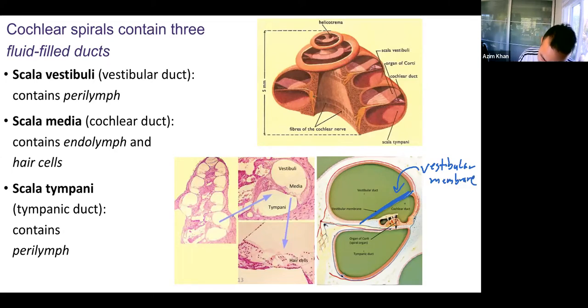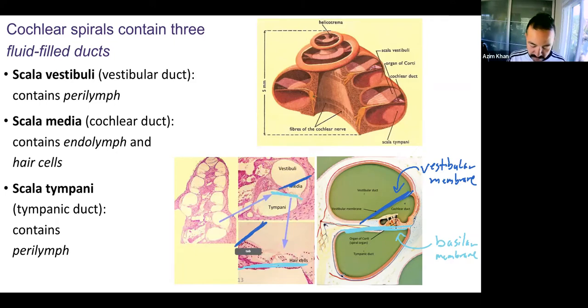This is the basilar membrane. It's at the base, the bottom. Basilar, vestibular. Okay. Basilar membrane, vestibular membrane.